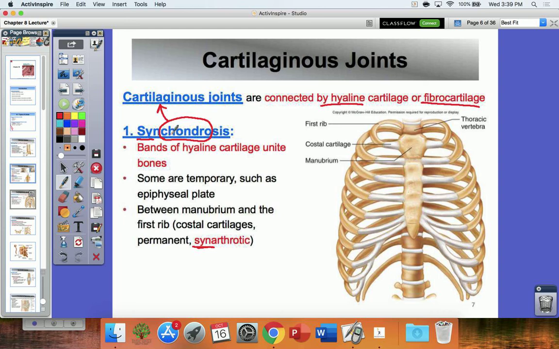These are hyaline cartilage specifically, which we find in the thoracic cage, going from our true ribs to the sternum, and even those that fuse with some of our false ribs as well. The white parts that you see here are synchondrosis joints that help to fuse the ribs with the breastbone or the manubrium.